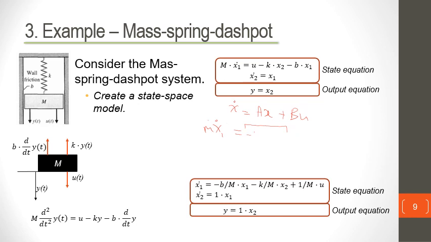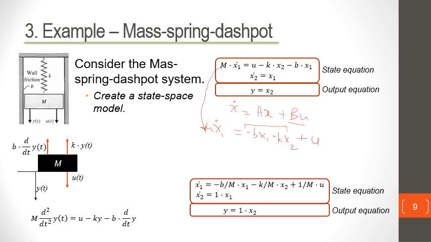So we have k minus, we'll have to rearrange this equation. Remember, we are talking about this equation. We have to rearrange it so that here we have minus b x1 and minus k x2, and then the last bit has to do with the input, plus u.